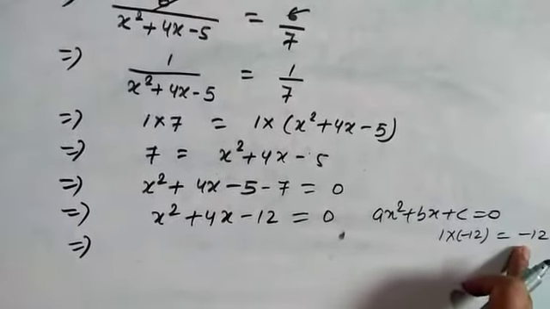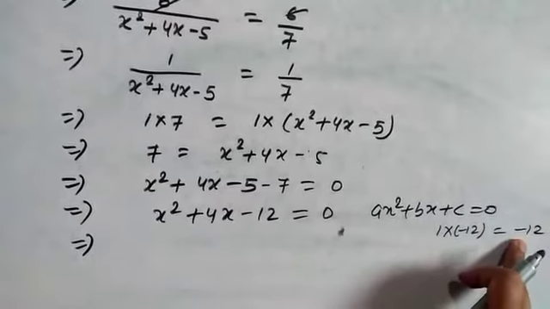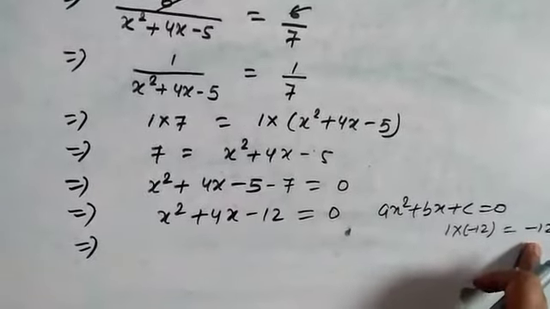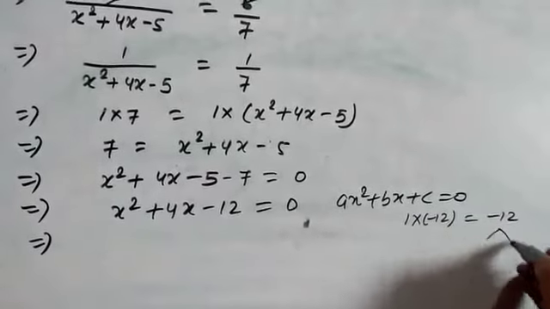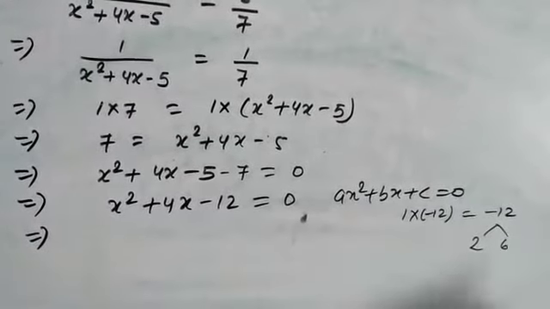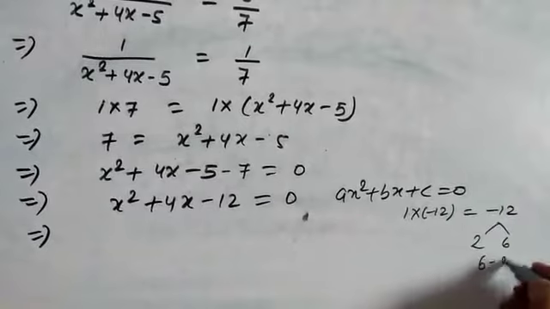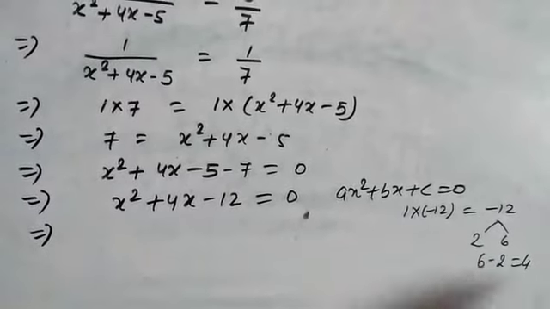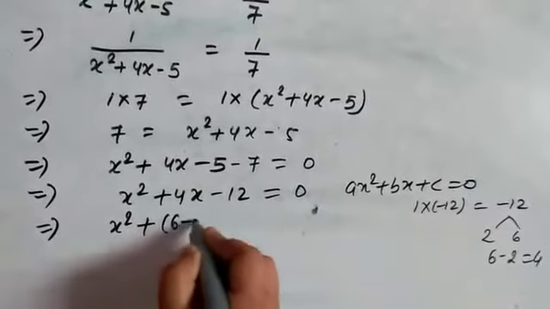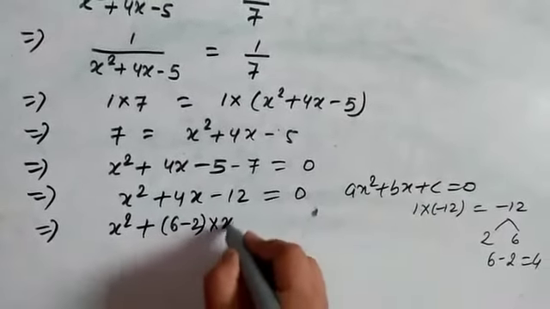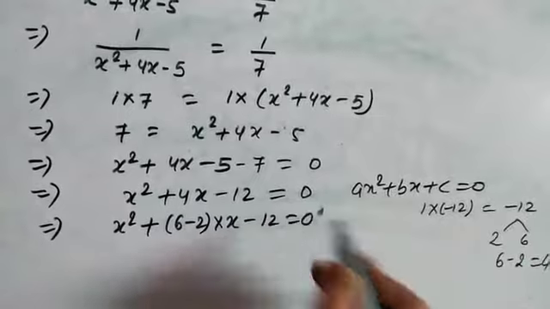Now we have to find two factors of minus 12 in such a way that when we add them, we will get 4. So see, 2 sixes are 12. Now when we subtract 2 from 6, we will get 4. So here in place of 4, we can write 6 minus 2 into x minus 12 equals to 0.